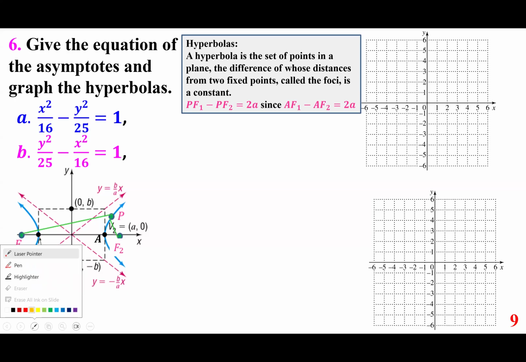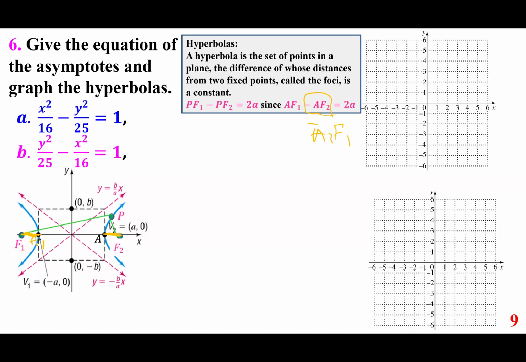Please understand, by symmetry, this distance is the same as this distance. So if I want AF1 minus AF2, it's the same as AF1 minus, let's call this A1, A1F1.